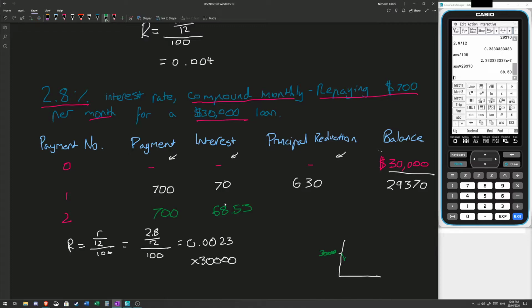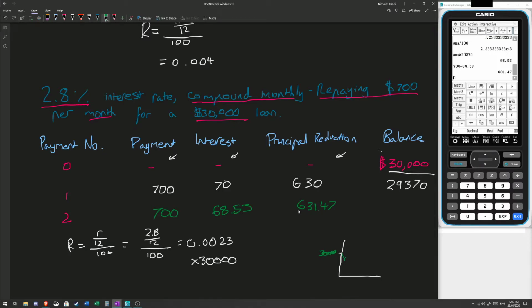And again, we then go our payment, take away how much interest. So $700 minus $68.53. That's $631.47. Okay. That's how much our principal is going down by.